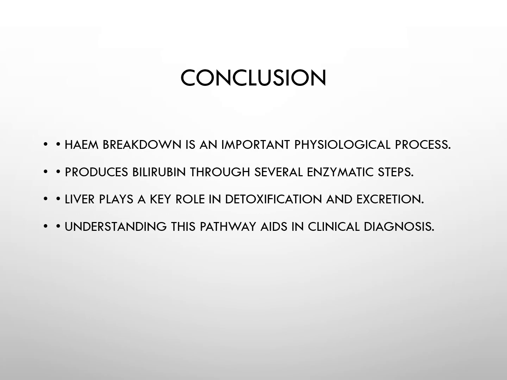In summary, when aged or old RBCs are broken down, they release hemoglobin. The hemoglobin contains the heme part and the globin part. The globin part contains protein or amino acids, and the heme part contains the iron.